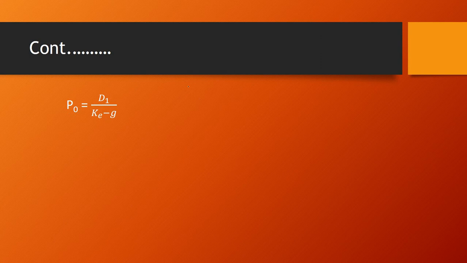Or you have also learned that KE equals D1 upon P0 plus g. I can write it by this method also, so it is up to you which way you write it.